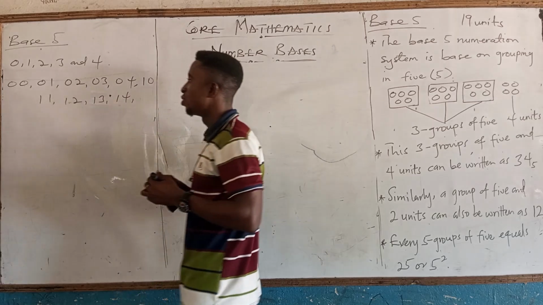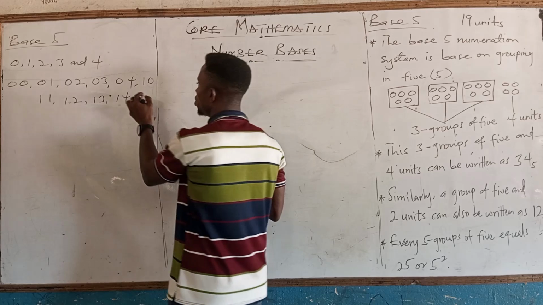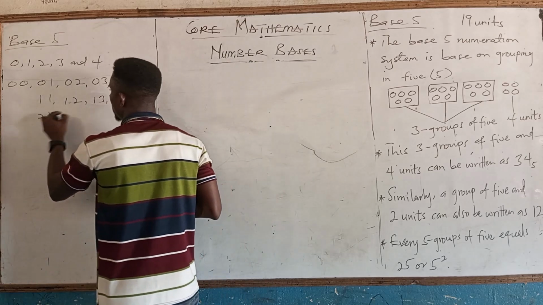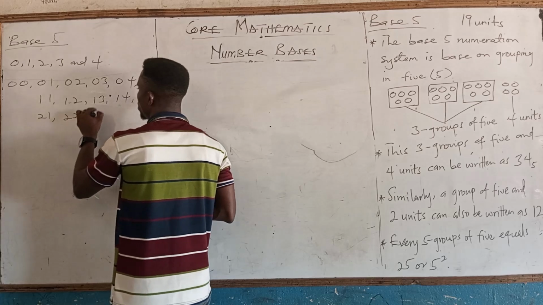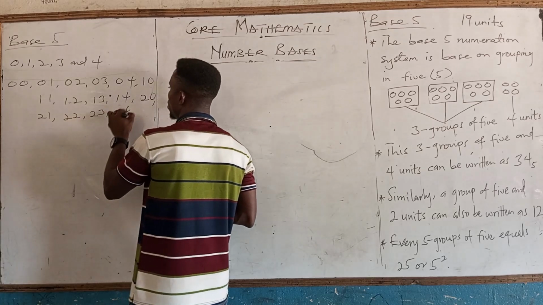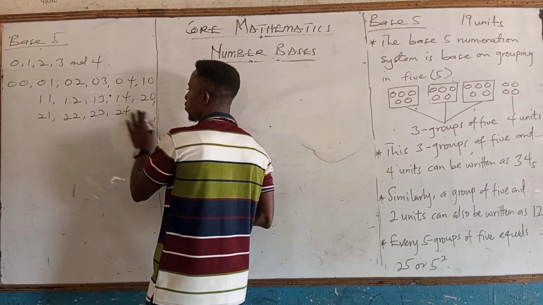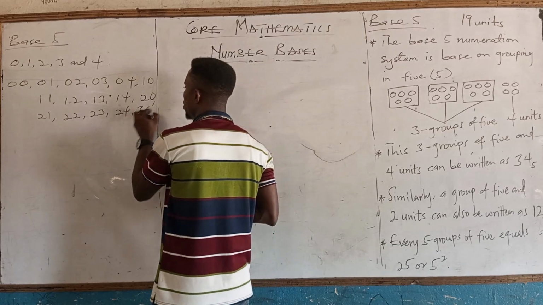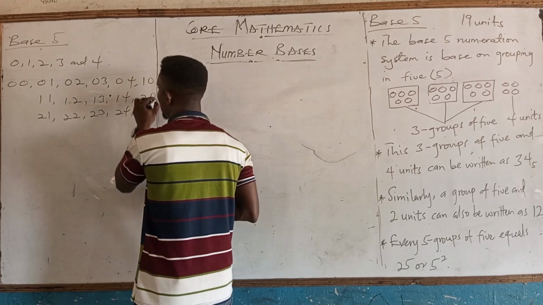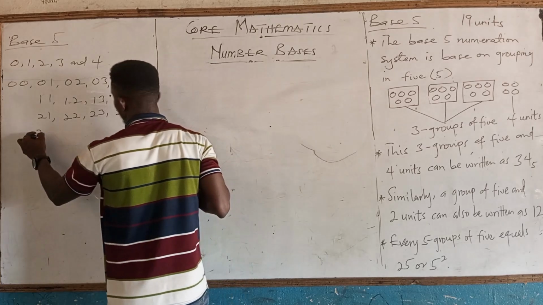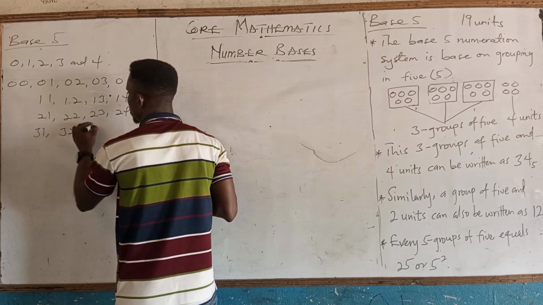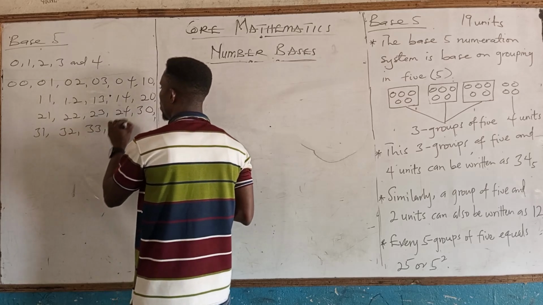Then I'm done with that one. Then I come to 2 and give it to the remaining ones: 2, 1, 2, 2, 2, 3, 2, 4. By that one, we are done with 2. Then I take 3, give it to the remaining numbers, so I'll have 3, 1, 3, 2, 3, 3, 3, 4.